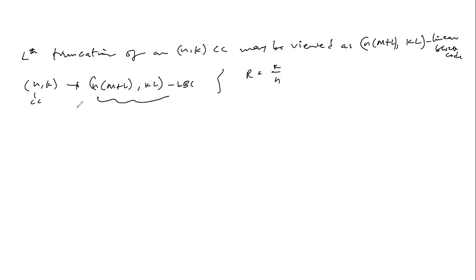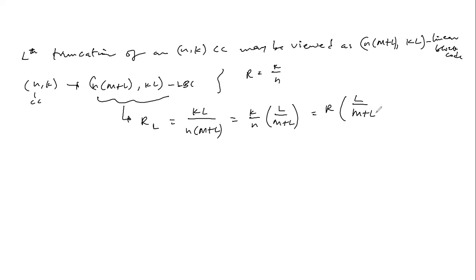So in this case, the rate of the truncated code will be the same as KL over n times (n plus L), which is the same as saying k over n times L over (n plus L), and is the same as saying r times L over (n plus L).